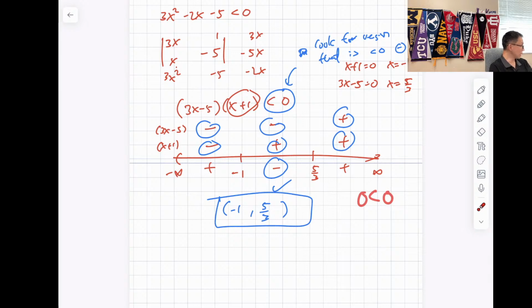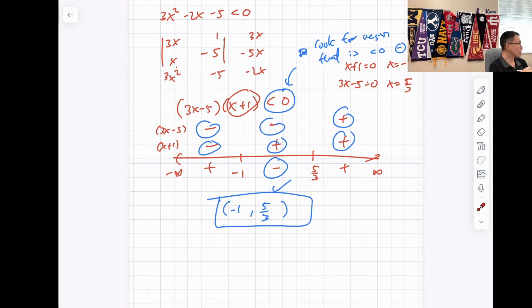But 0 is less than or equal to 0. But the question is less than, so you cannot include -1, so it has to be a parenthesis. If it's less than or equal to, then you can include -1, and that's a bracket. So anything with less than or equal to or greater than or equal to is most likely going to be a bracket because you can include those values.